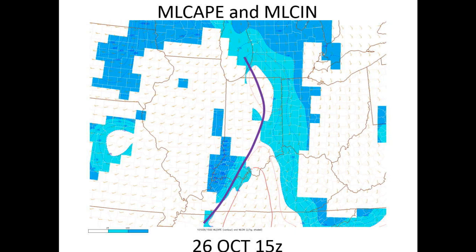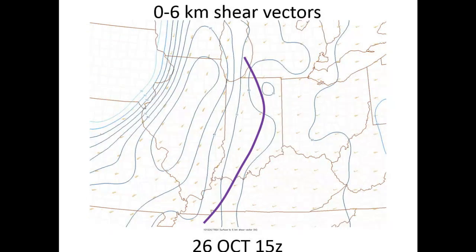Meager buoyancy, 250 J/kg CAPE, maybe up to 500. Again, the lapse rates weren't particularly steep. There's convective inhibition everywhere east of the boundary, so it's hard to initiate storms anywhere other than on the wind shift itself. So that's one of the factors that probably pushes things toward a linear mode because we can't get storms anywhere but along the boundary.